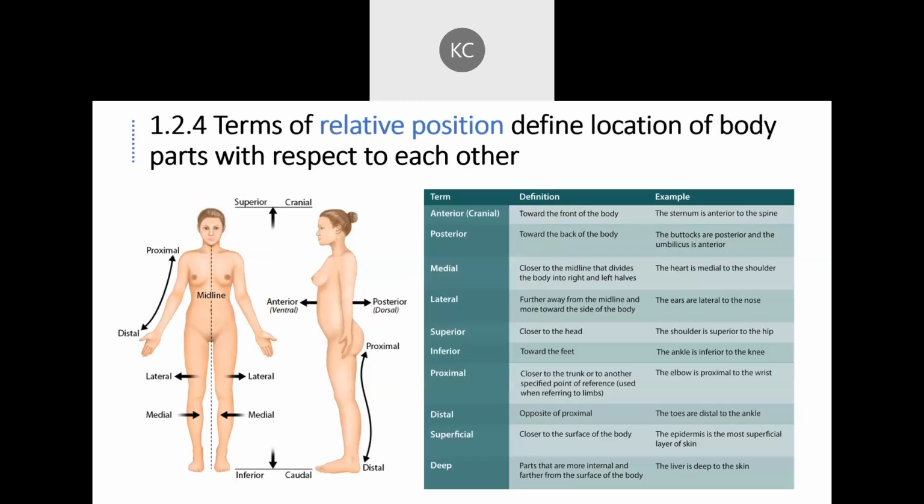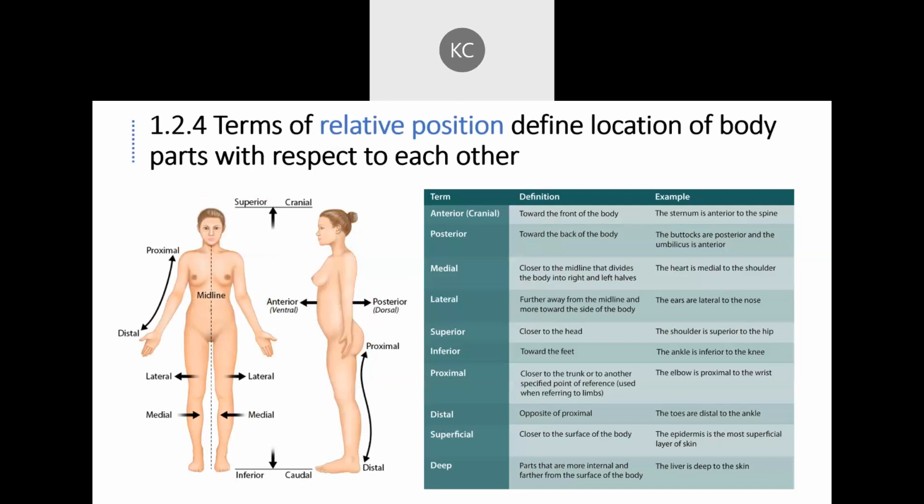Okay. All right. So another very important part of looking at a model or looking at a patient is being able to use specific directional terms to describe structures and describe structures in relation to another structure. Okay, so these directional terms are extremely important.